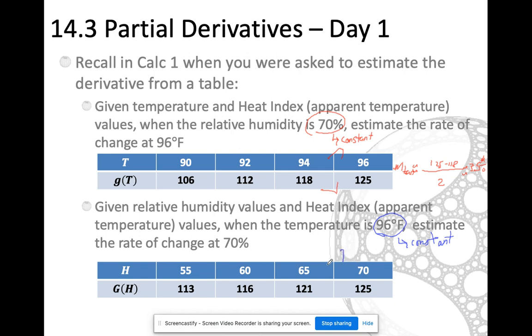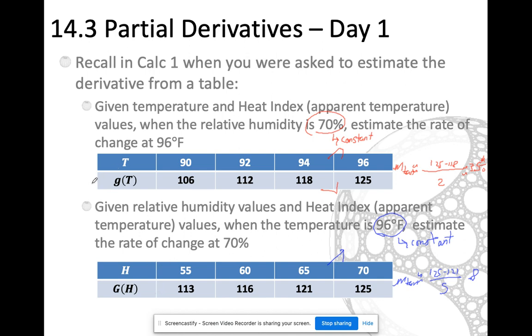Well, you would do the same situation, and you'd say the slope of the tangent is approximately 125 minus 121 over 5, which is approximately 0.8-ish. 0.8-ish what? Heat index per humidity.